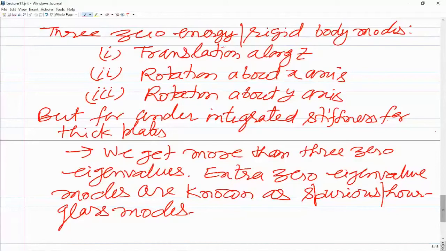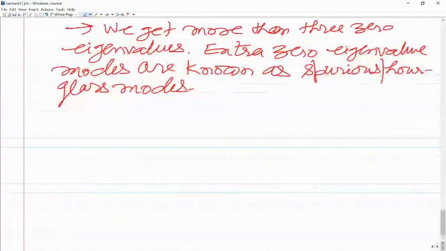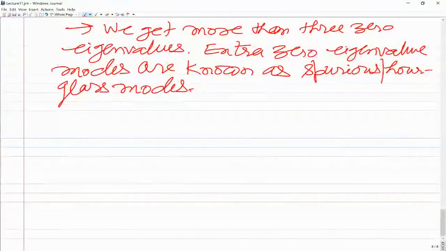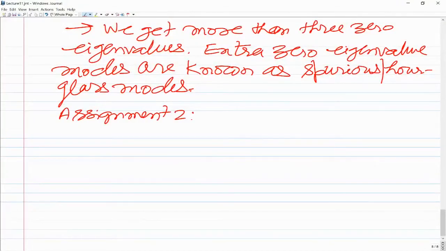Although one assignment is already due, I will formally give this assignment in Gradescope a little later, but let me tell you that to study whatever we have discussed about the problems due to reduced integration, there would be assignment 2.